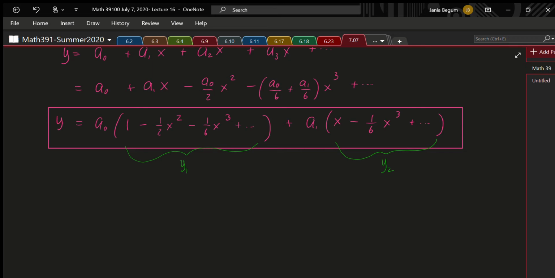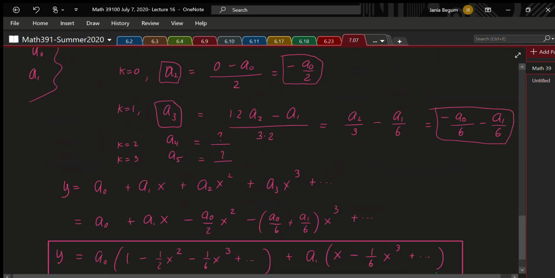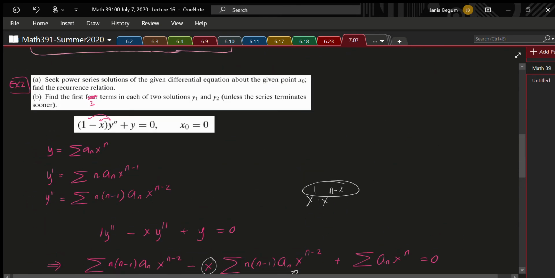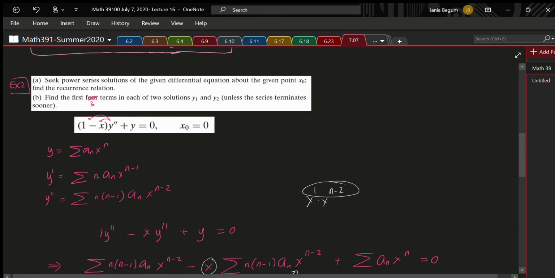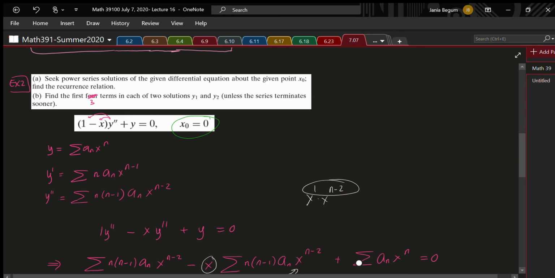Yep. What does the x of 0 equals 0 stand for? Is it a, b, something? Oh, x sub 0 equals 0. Oh, that's where we're centering the series solution. So remember, we assume that y is equal to the infinite sum a_n times x minus x naught to the n.